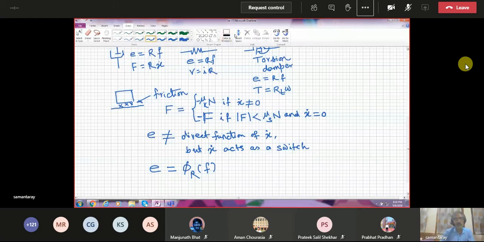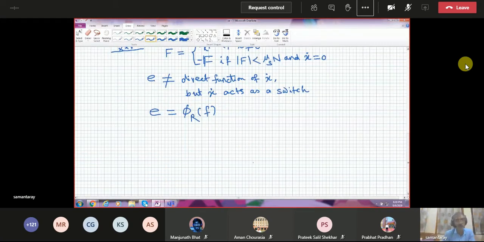So like this friction, we can go to other domains. Let's say you have the hydraulic domain. Let's say you have a valve, and some kind of flow is taking place. Let's say it's incompressible flow. So some kind of a valve is there.